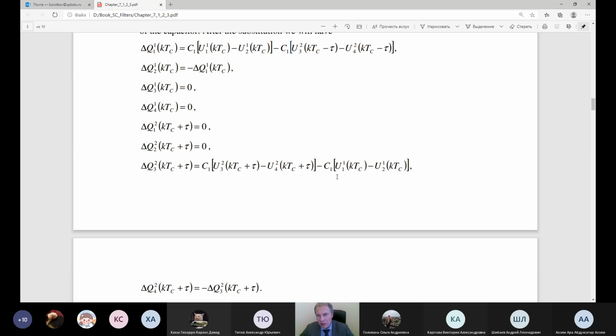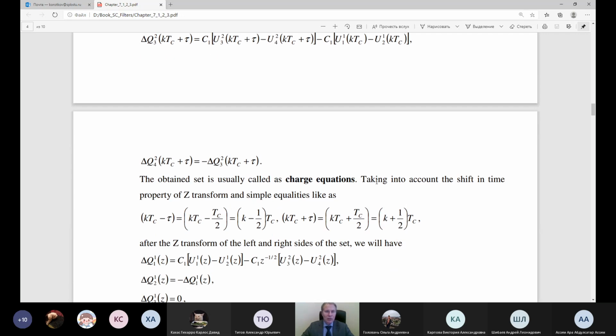То есть убрать заряд, который был на конденсаторе один такт назад. So it means that we have this equation. The last one will be exactly the same as the previous, but with the sign minus. So generally speaking, that's all.